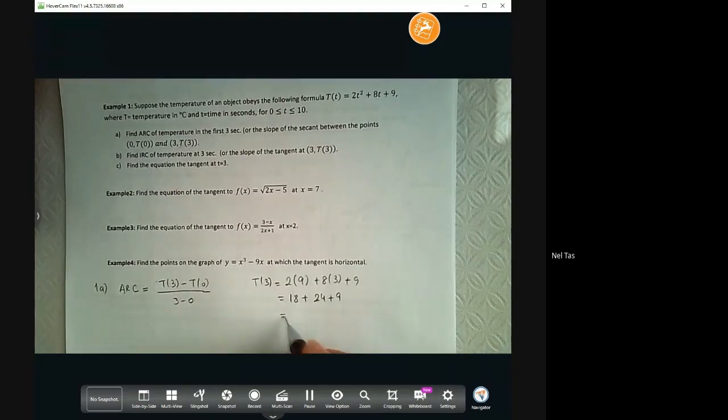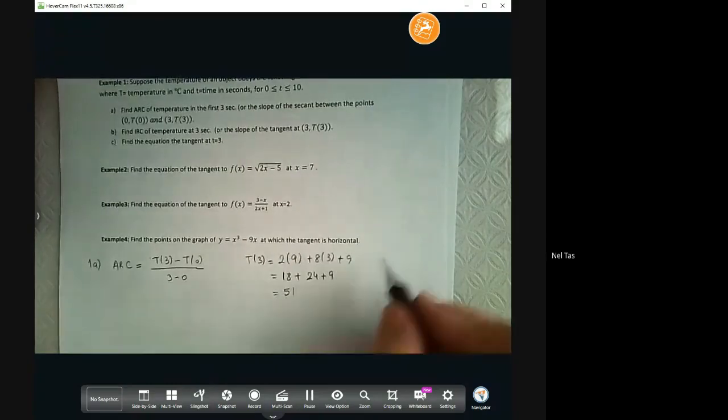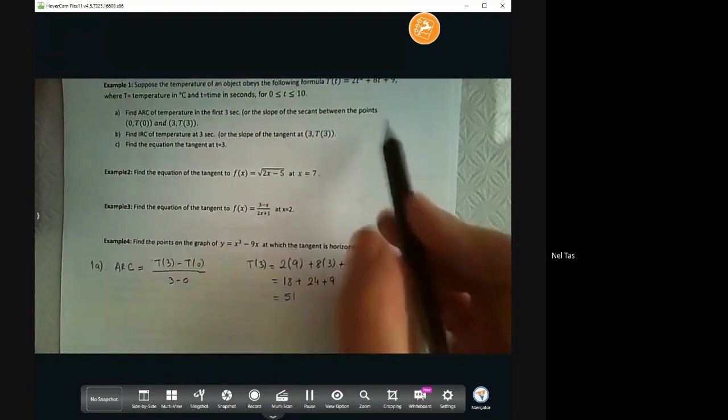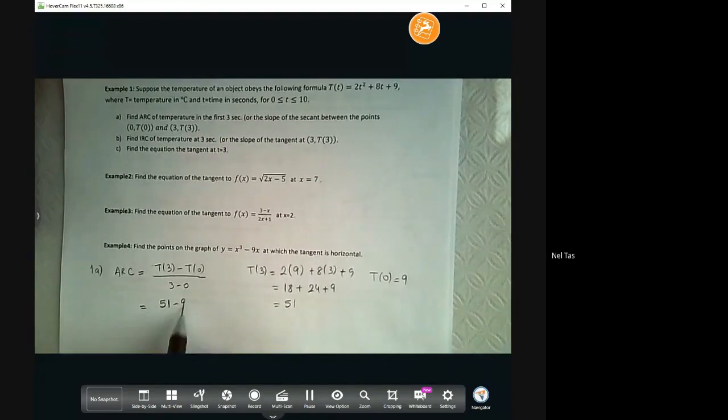What does this give you? 42 plus 9, 51. T of 0 gives you 9. So the average rate of change is 51 minus 9 over 3, so 42 over 3, which is 14. And this is in centigrade degrees per second.